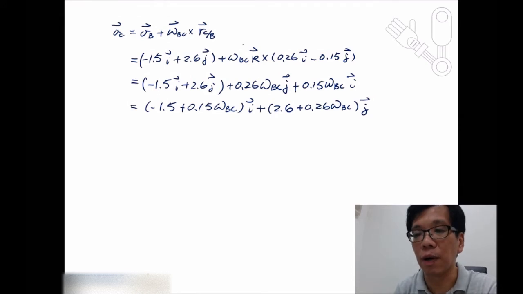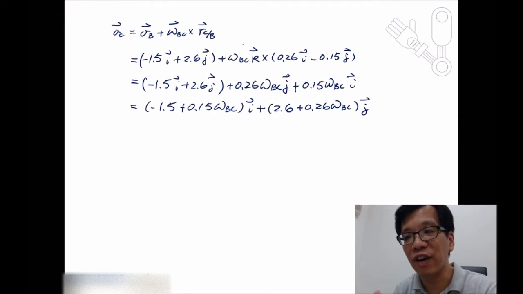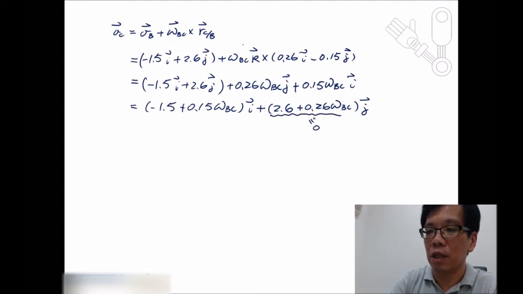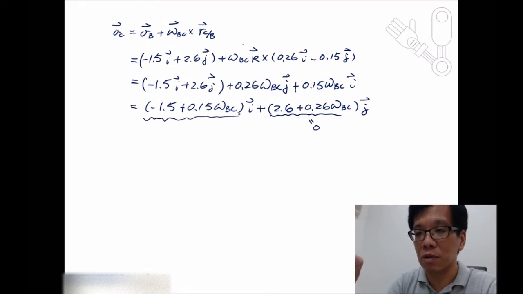Okay, so I got two parts. Can we find out the answer of omega BC? Of course, because we know at point C it's a cylinder and it's only moved along horizontal axis, which means this one over here must equal to 0, and this one over here is the velocity that we're going to use.